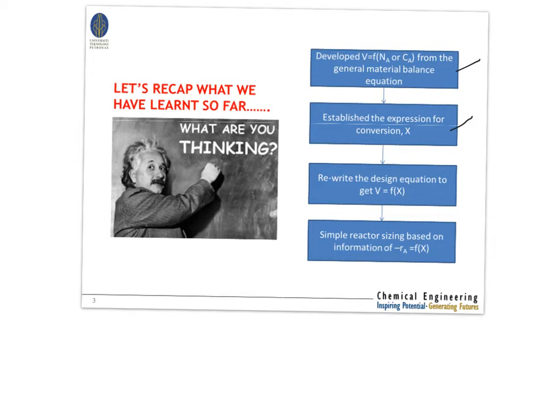Then we rewrote the design equation to calculate the volume in terms of the conversion, while for batch, to get the reaction time. And lastly, we did reactor sizing based on the given information of the reaction rate as a function of the conversion.